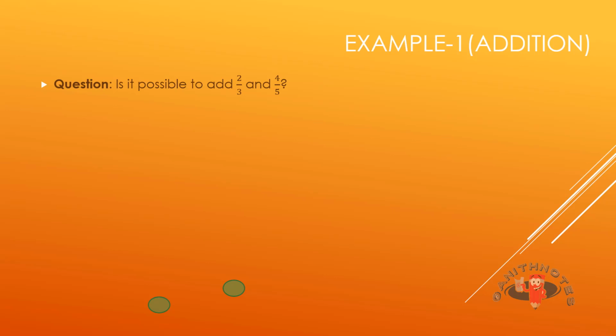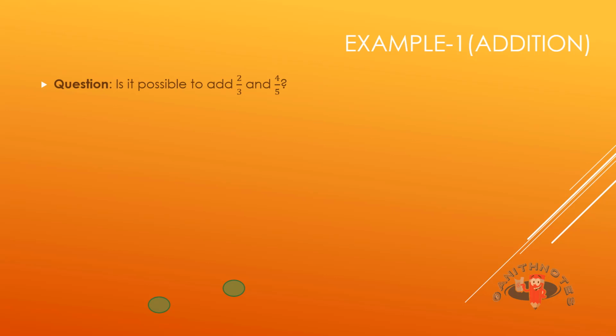I'll just go through a couple of examples to help you understand the usage of LCD. So the first example, the first usage, is addition of fractions. The question that I have right now is: is it possible to add two fractions, 2 by 3 and 4 by 5? As per my previous video on fractions, if you need to add 2 by 3 and 4 by 5, then you need to have the same denominator for both the fractions.